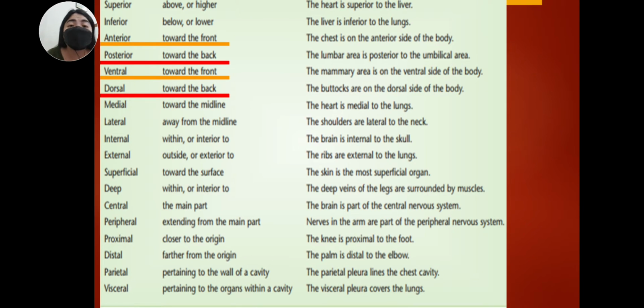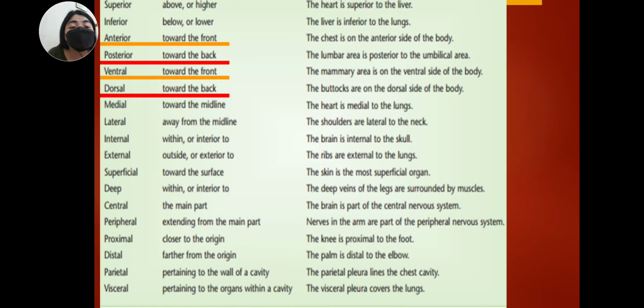So next, we have parietal, pertaining to the wall of a cavity. So parietal pleura lines the chest cavity. You can actually see that illustration in the cavities. So when I say parietal, it is the wall of a cavity. Lastly, we have visceral, pertaining to the organs within a cavity.